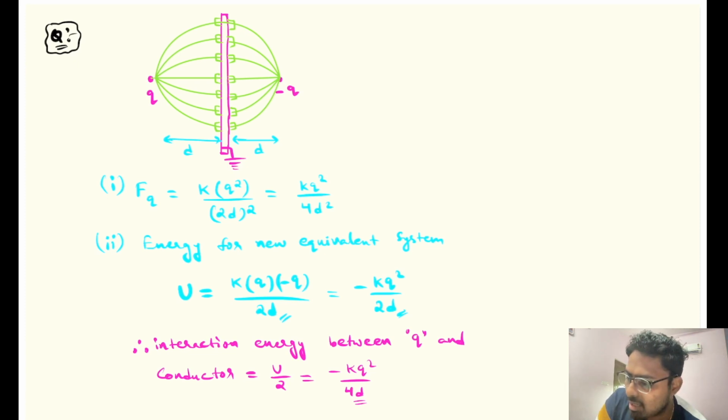The final charge on this one will obviously be this minus q itself, right? It's the uniqueness theorem. The same charge I am just keeping over here. So even if you try to find it by integrating the non-uniform charge distribution, the final result you are going to get is that the total charge on the conductor will be minus q.